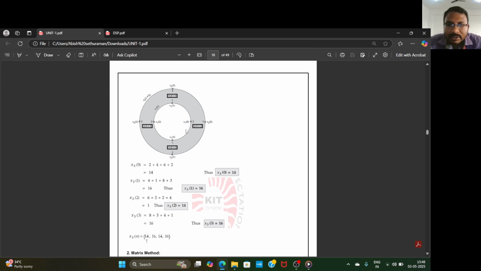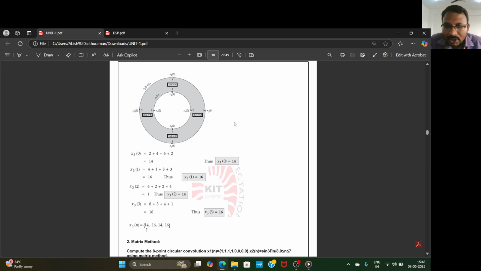After multiplying the values: 1 cross 4 equals 4, 2 cross 1 equals 2, 1 cross 2 equals 2, 2 cross 3 equals 6. For the first iteration, m equal to 0, x3 of 0 is 2 plus 4 plus 6 plus 2, so the answer is 14.